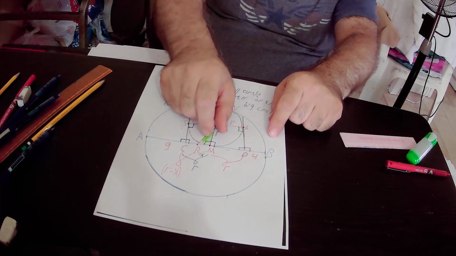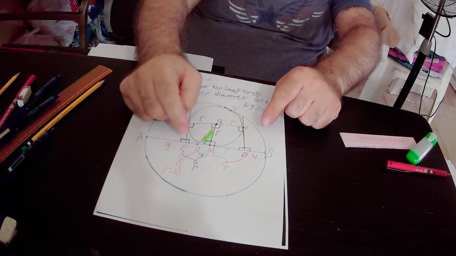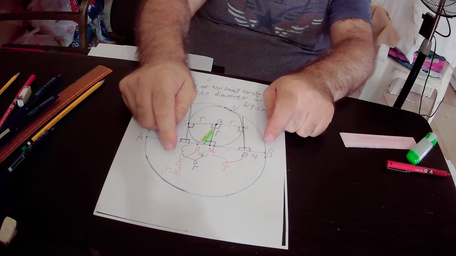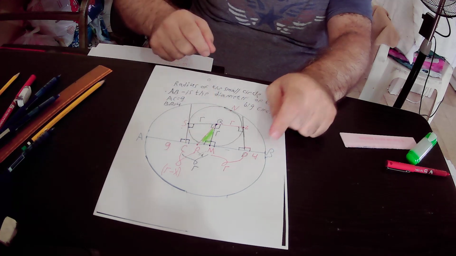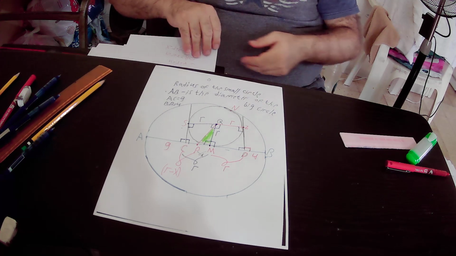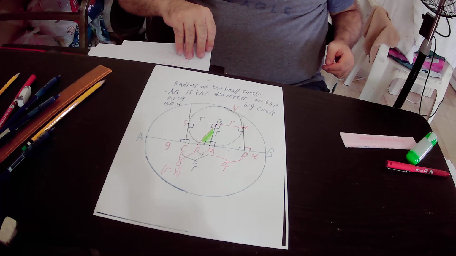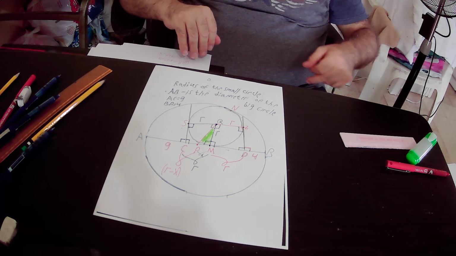We defined PM as x, so CP must be equal to CM minus MP, that is to say CP equals R minus X, and then we created two equations for the radius of the big circle.